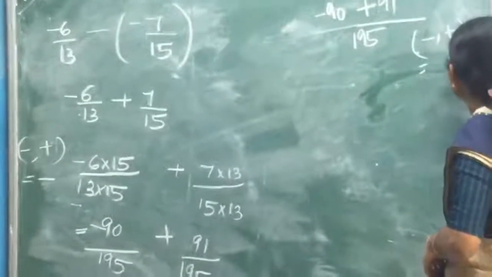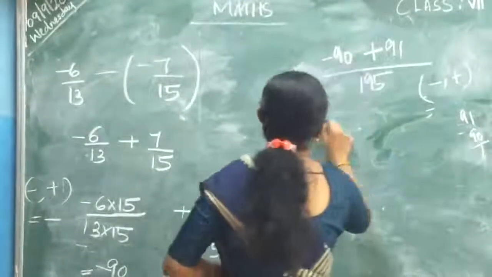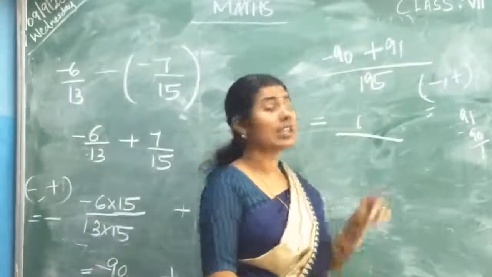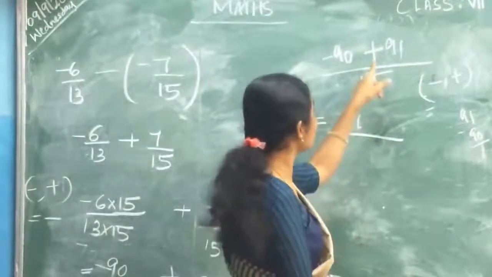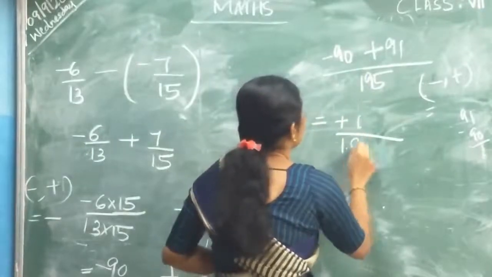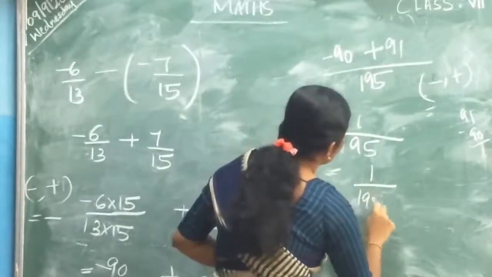What is 91 minus 90? 1. Which is the largest number, 90 or 91? 91 is the largest number. So which sign should you give? Plus sign. So the answer is plus 1 divided by 195, or 1 divided by 195.